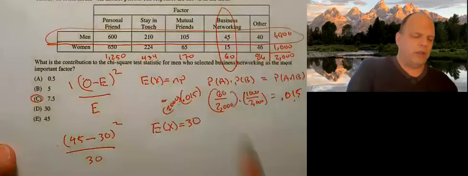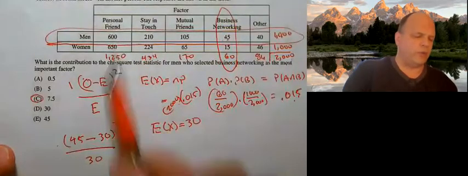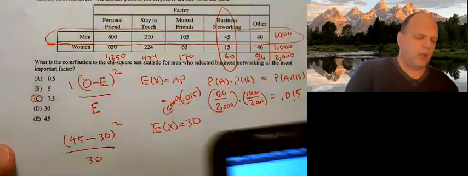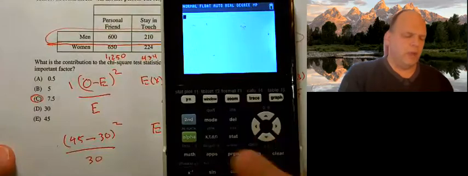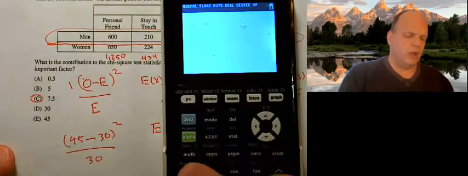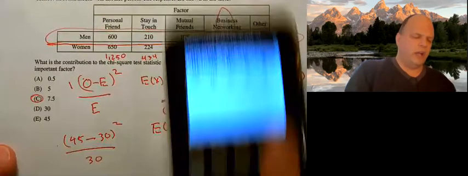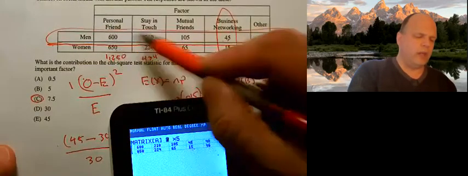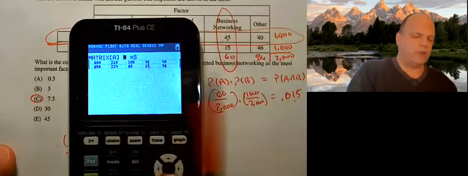Now here's another way to go ahead and do the same work. Because I know that I'm looking to see whether or not these are independent, to see whether or not there's an association, I will go ahead and go second matrix, edit, press enter, and I have 2 rows and 1, 2, 3, 4, 5 columns. So I need a 2x5 matrix.